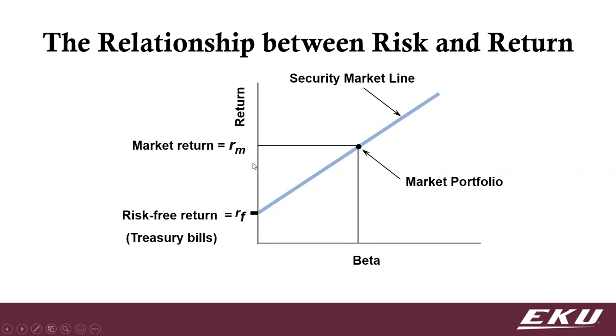This is the market premium. Remember, the return of the market minus the risk-free was the market premium. So it's a rise of the market premium and then a run of 1. If you remember, the slope of the line is rise over run. And so that's the rise, the market premium, and then the run is 1, the 1 beta.